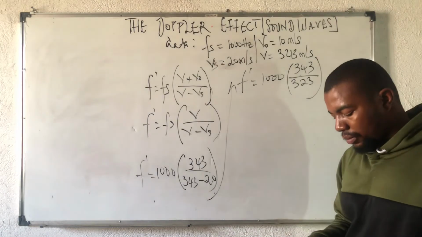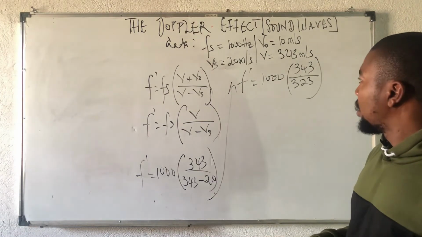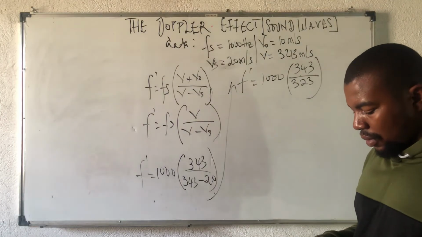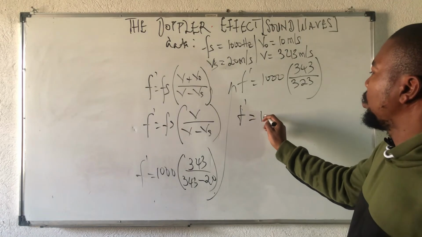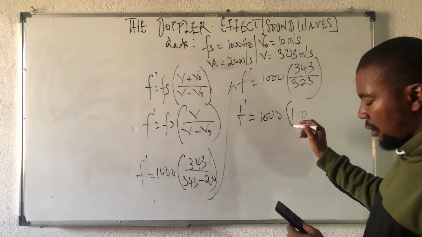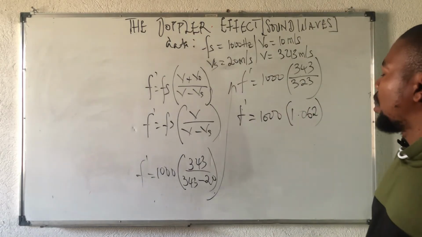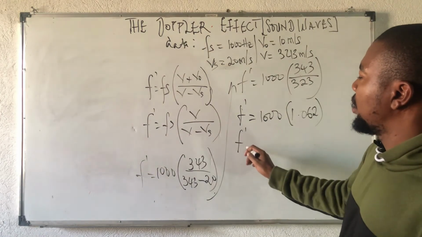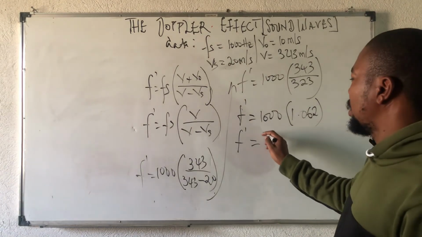Let's simplify: 343 divided by 323. We're getting 1.062.